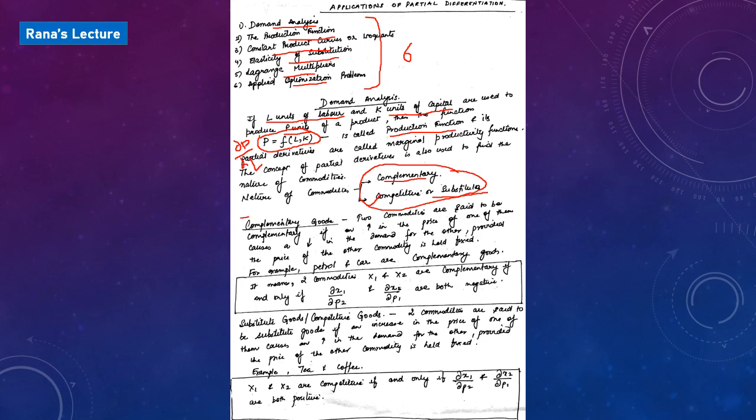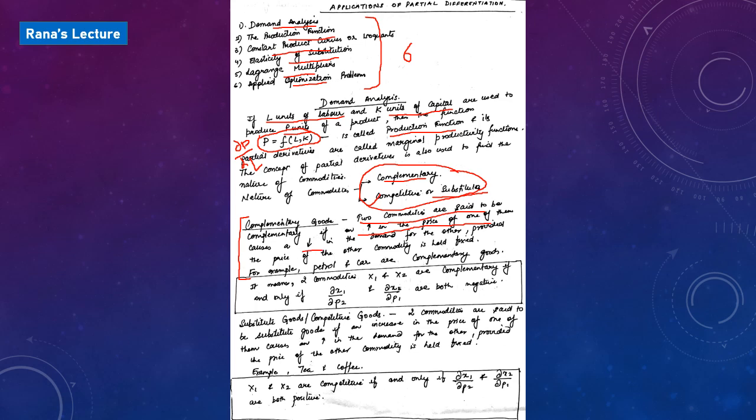Two commodities are said to be complementary if an increase in the price of one of them causes a decrease in the demand for the other. Condition क्या है? Provided the price of the other commodity is held fixed, right?